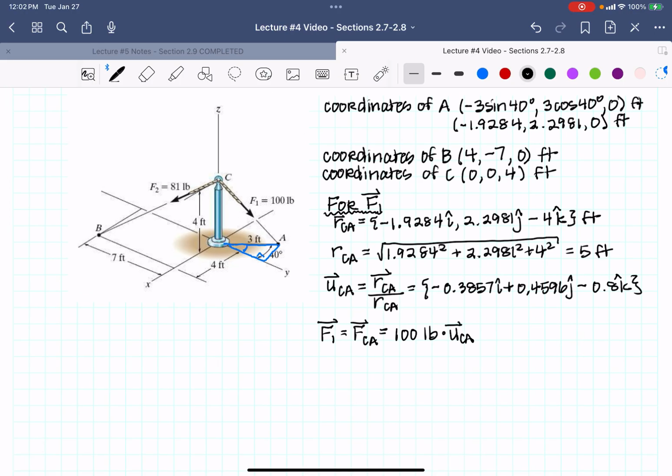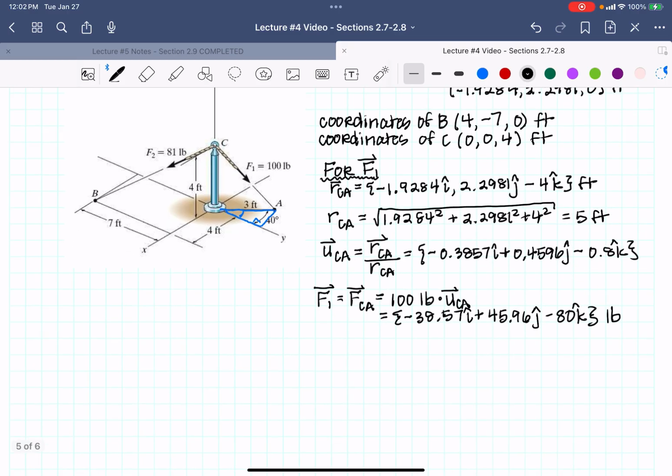All right, so when I multiply 100 times the unit vector I just got, I'm going to get that F1, or FCA, equals negative 38.57 I hat plus 45.96 j hat minus 80 k hat, and that is in pounds. So I have my first vector.